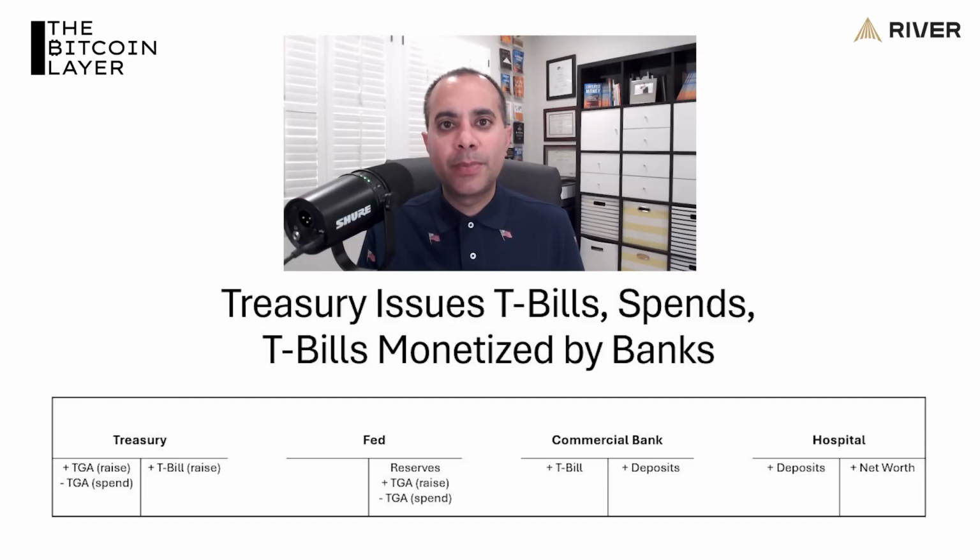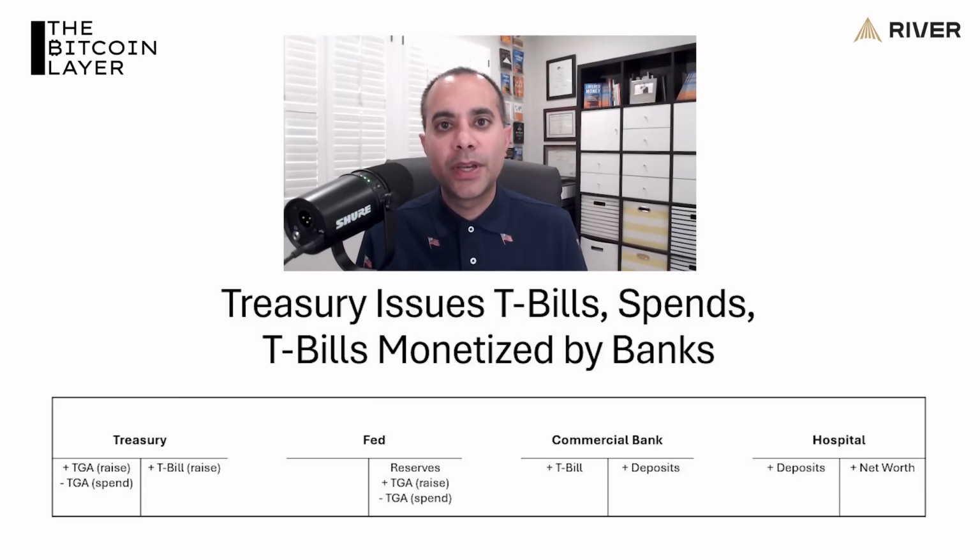Wells Fargo buys the bill. The cash goes to the Treasury Department. The Treasury Department spends it to the hospital. The hospital deposits the money at Wells Fargo. And so Wells Fargo bought the bill, but issued a deposit to the hospital, creating brand new money into the system. So look at now the commercial bank's balance sheet in isolation.